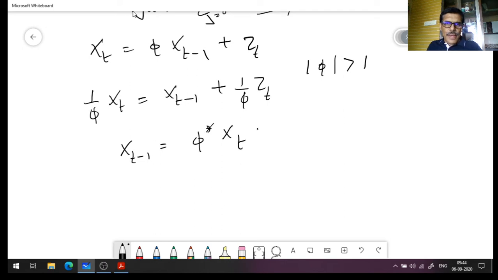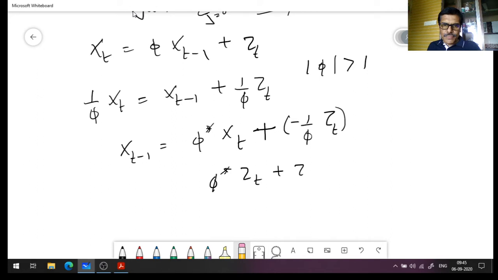So x_{t-1} is equal to some phi star x_t minus 1 by phi of z_t, which we can write as phi star x_t plus z_t star.